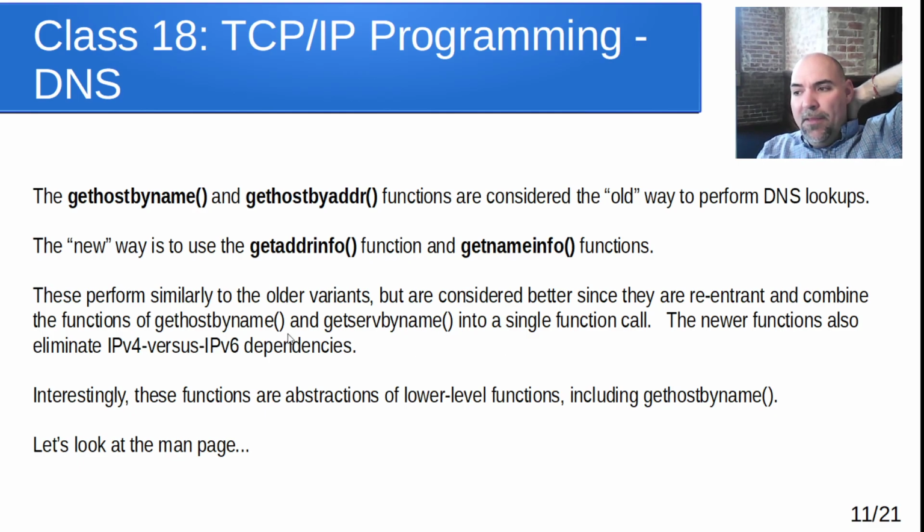But the newer functions, they make a unified way to deal with both IPv4 and IPv6 addresses. And they combine the functionality of the old way of doing this into one single function call. So the newer functions make it a little bit easier to deal with both IPv4 and IPv6 addresses.